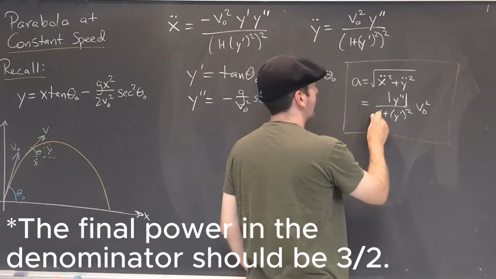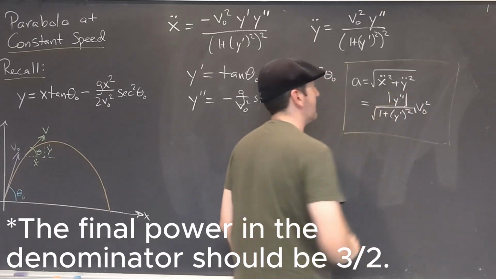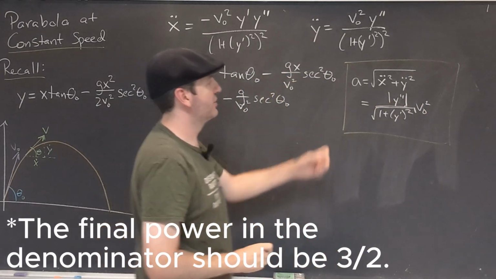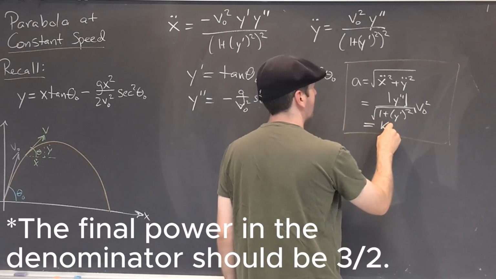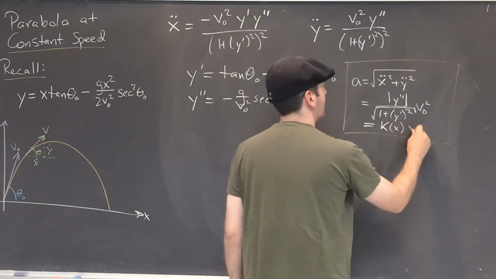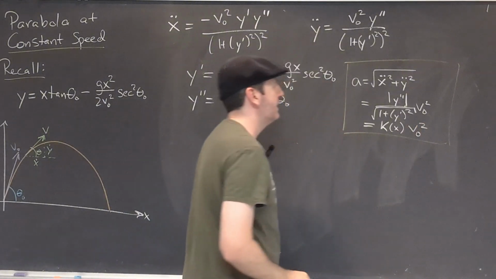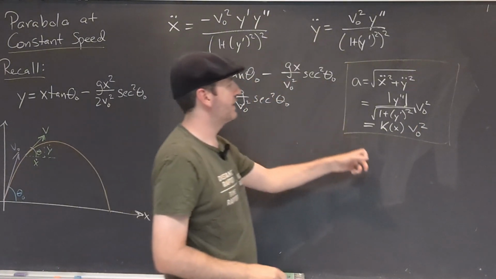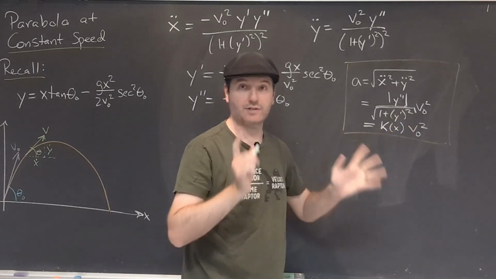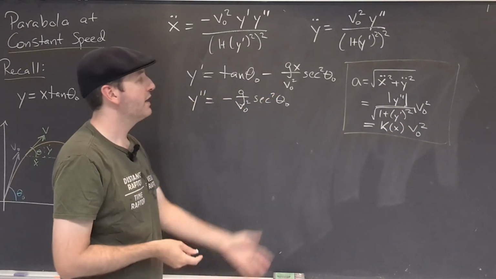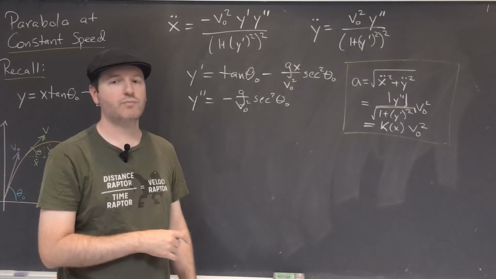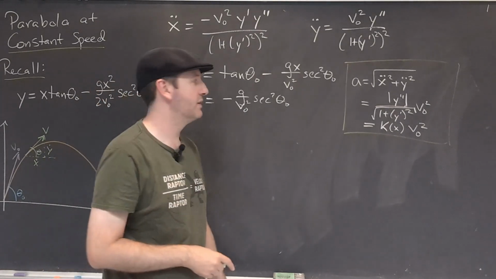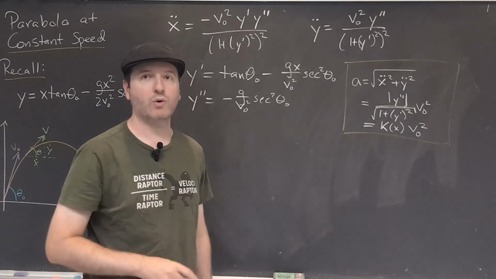And then we will get a single square root in the denominator. And this should look kind of familiar. This is exactly the curvature, which will be a function of x, times v naught squared. In other words, the magnitude of the acceleration is proportional to this constant speed that it has the whole time, but it's proportional to the curvature of this parabola as a function of position or time, whichever way you want to write it.